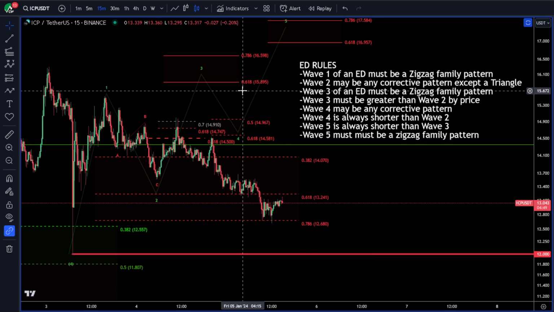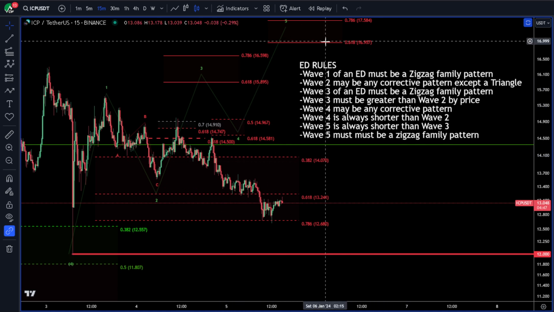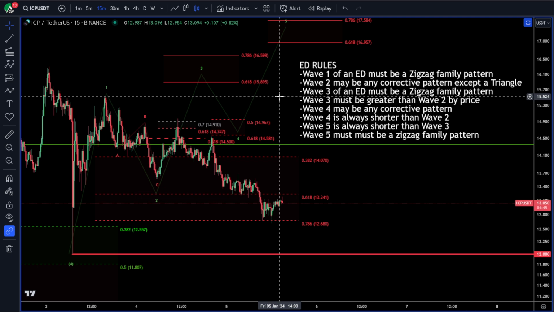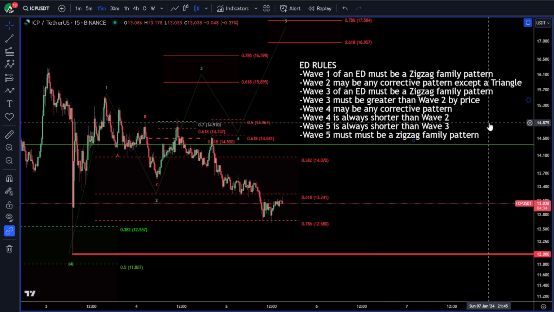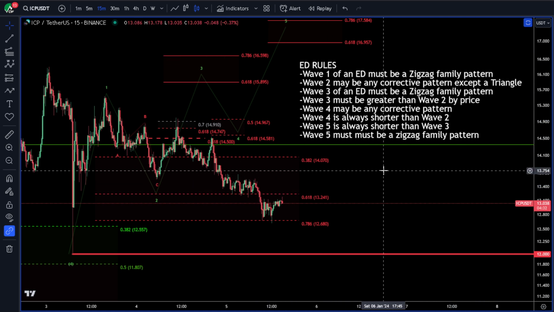Also, there doesn't have to be overlap anymore between wave 4 and wave 2. So it kind of makes it a little more difficult to track, but just be aware of those rule changes. And if you're unaware of the rules, there's guidelines, but again, you'd get that from the Elliott Wave Principle on Elliott Wave International.